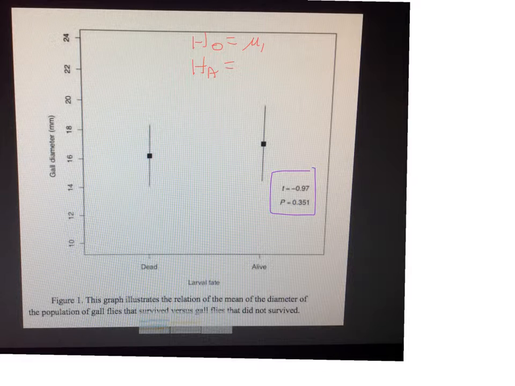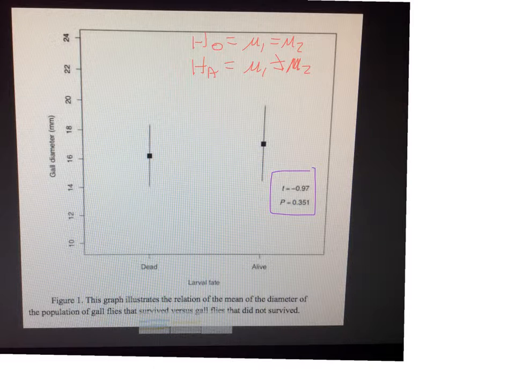So we would write that as mu1 equals mu2 in this case. I don't know how it was phrased, but the normal two ways of writing an alternate hypothesis are either to say that the first mean is not equal to the second mean. That's supposed to be a mu there.